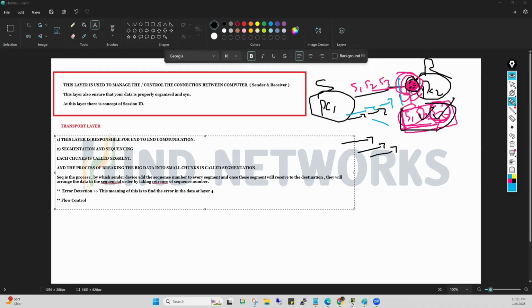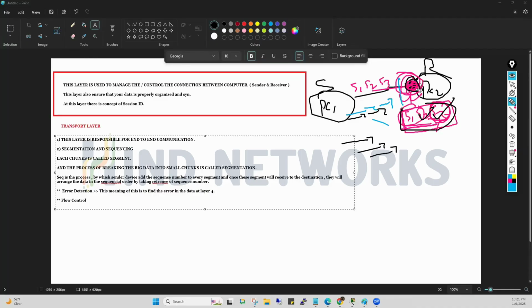Yes or no? So to help in preventing this type of problem, there is a concept of flow control at layer number 4. PC1 and PC number 2 indicate to each other: yes, this is the packet, this is the memory I have.